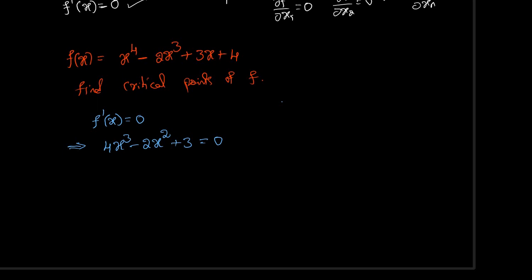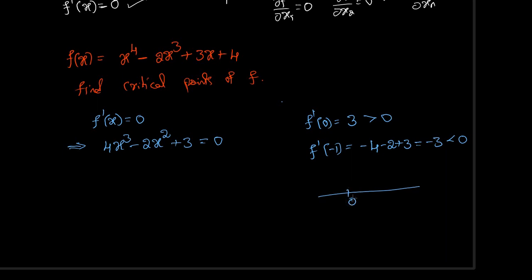But one thing I can tell you here, you are taking this f dash of x equal to 0. So if you see that f dash of 0 is actually 3, whereas what is f dash of minus 1? Now f dash of minus 1 is nothing but minus 4 minus 2 plus 3, which is minus 3, which is negative, and the other is positive. So if you look at this function f dash, at 0 it is taking positive value, whereas at minus 1 it is taking negative value.